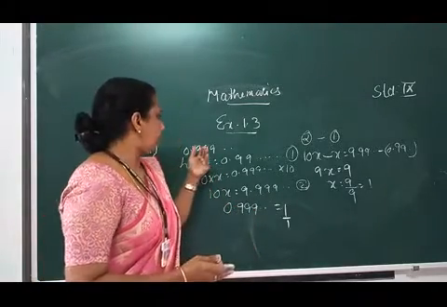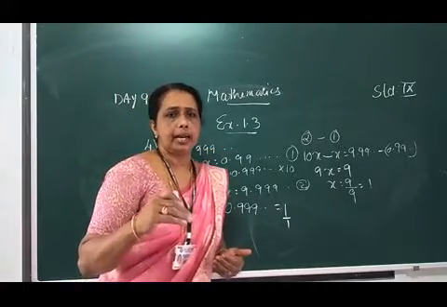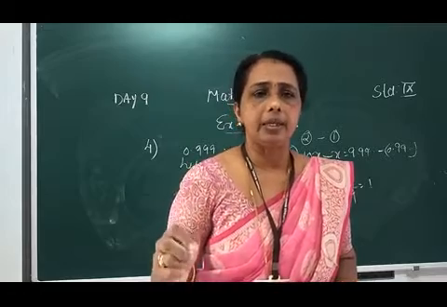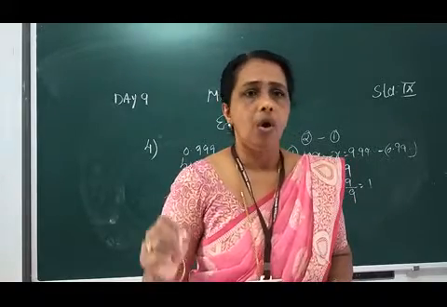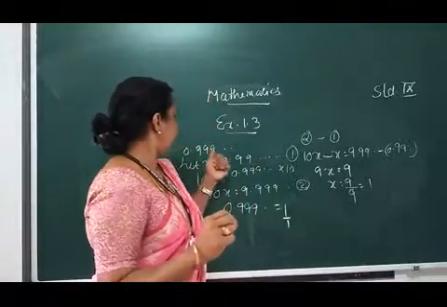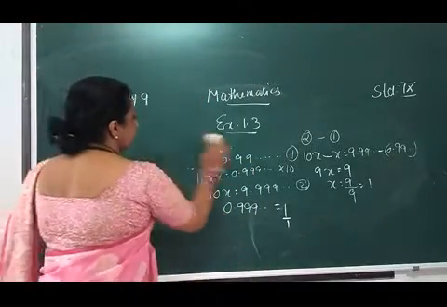So we get 0.999 is equal to 1. So the rational form of 0.999 etc. is equal to 1, that is 1 by 1. Okay, so we get 0.999 etc. is equal to 1.